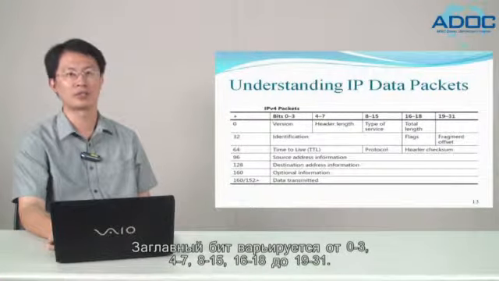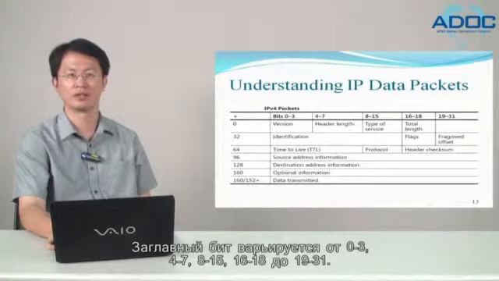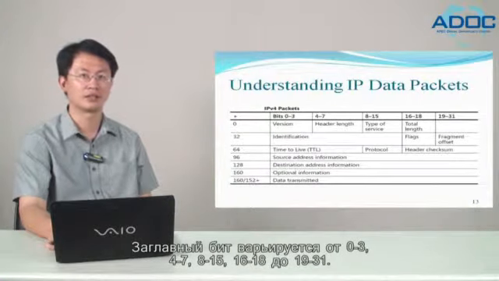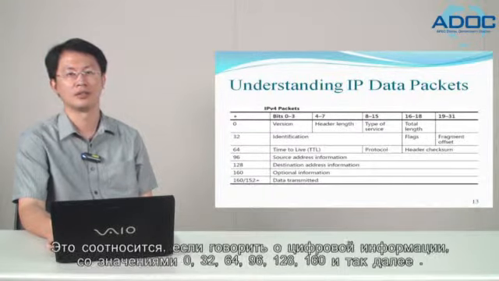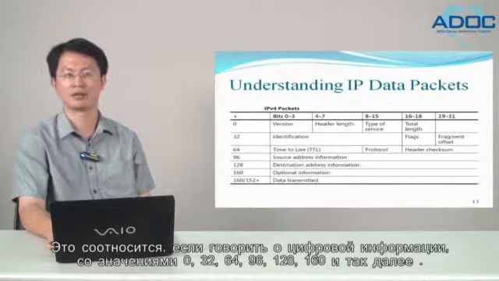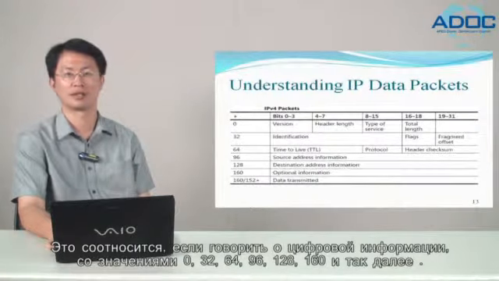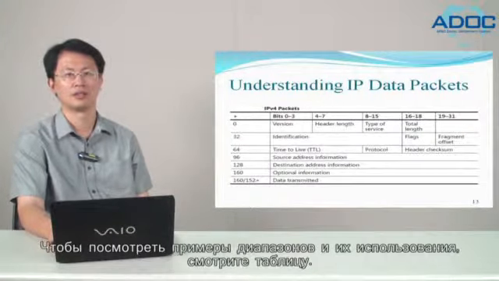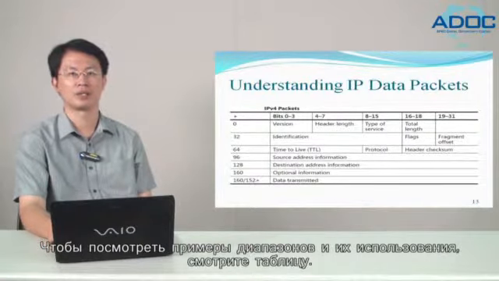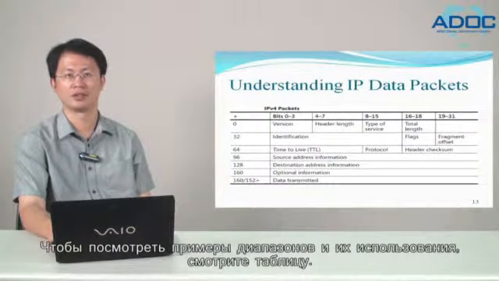The header bit ranges consist of 0 to 3, 4 to 7, 8 to 15, 16 to 18, and 19 to 31. This corresponds to the values 0, 32, 64, 96, 128, 160, and more for data. For examples of the ranges and their use, refer to the tables.